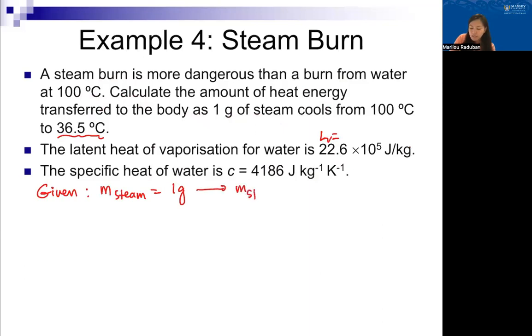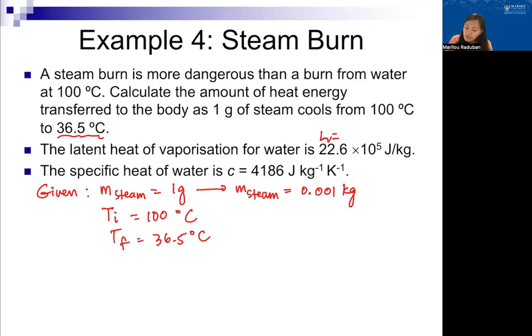So the mass of the steam will be equal to 0.001 kilograms. The temperatures: initially the steam is 100 degrees Celsius, then it cools down to 36.5 degrees Celsius. So the initial temperature is 100 degrees Celsius, and the final temperature is equal to 36.5 degrees Celsius.